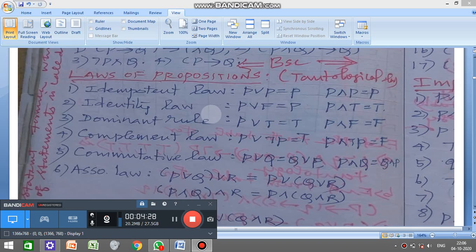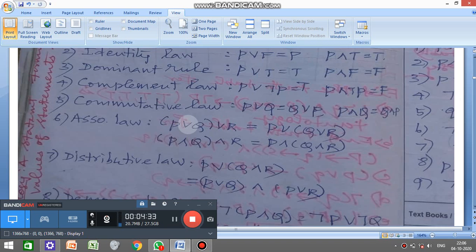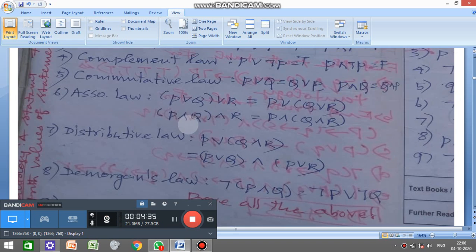Now the associative law, as we study in the set language, says that we can associate three sets in any way as we like. The same way here too, we are using that in logical theory also.